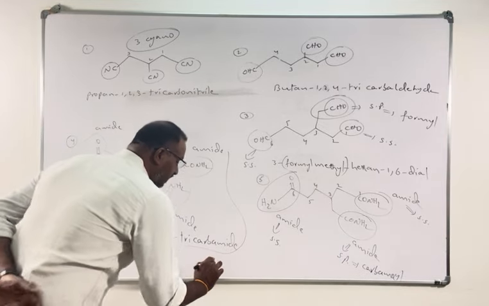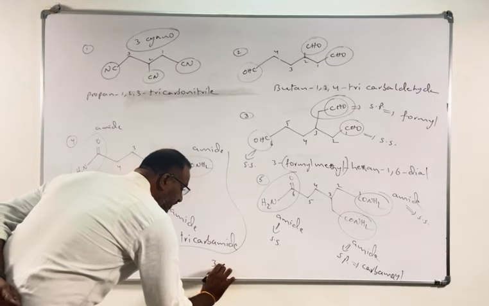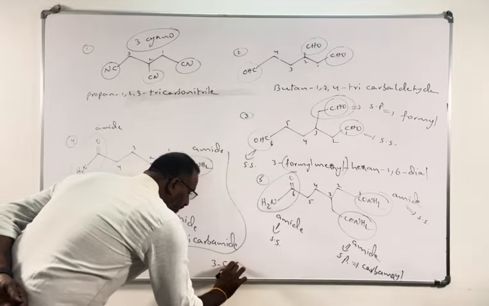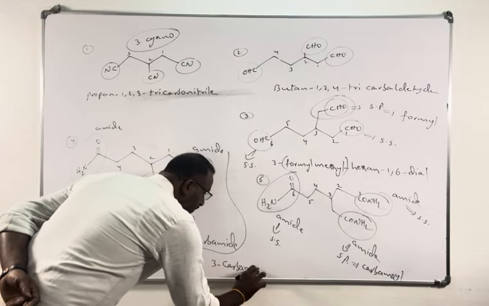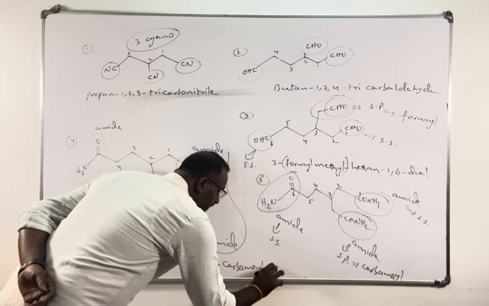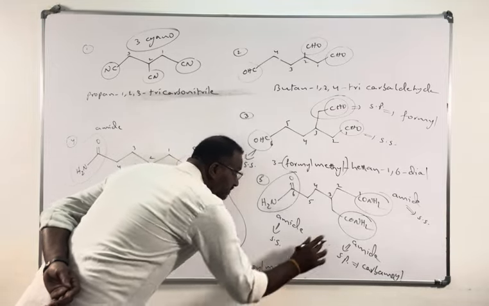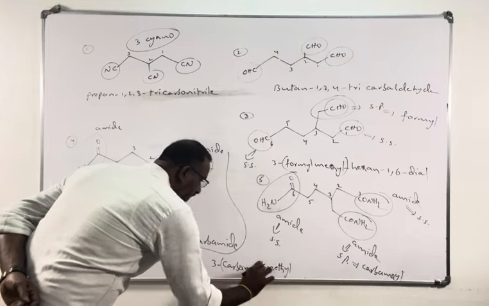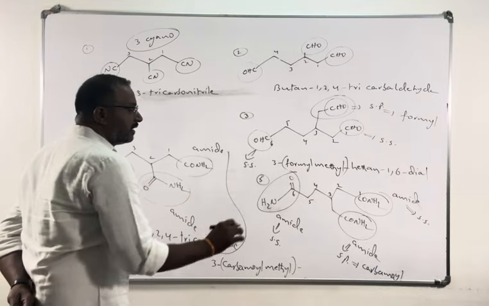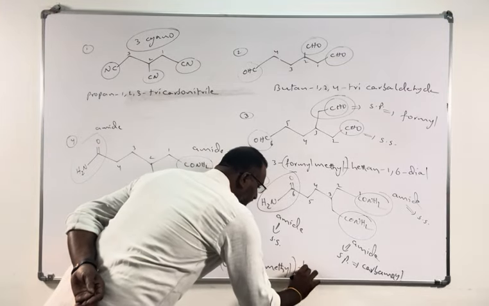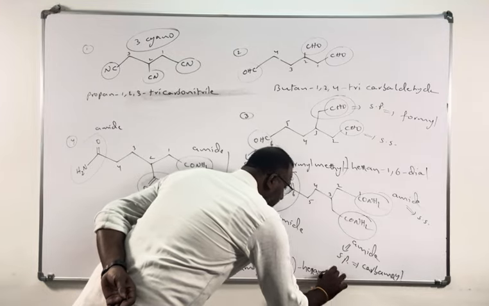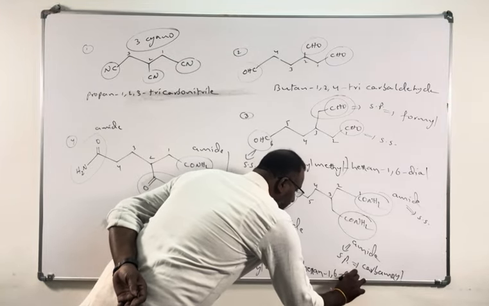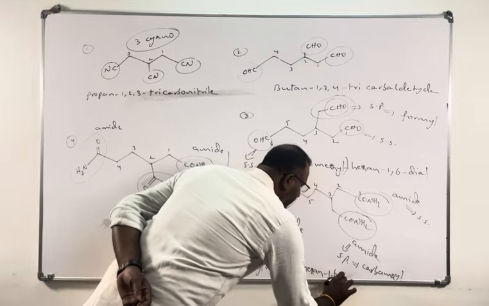It is there on the third carbon, so the name is 3 carbamoyl methyl, because this methyl group is there. After that, root word hex, only single bonds, ane, 1 comma 6 carbamide, 1 comma 6 amide.